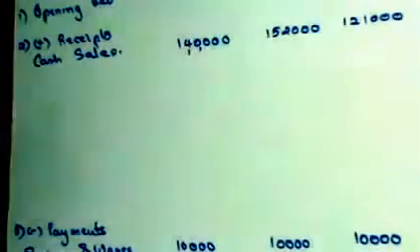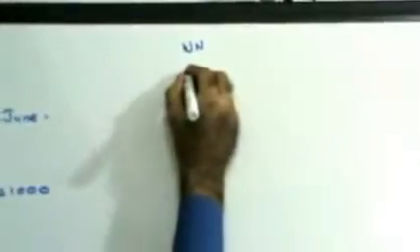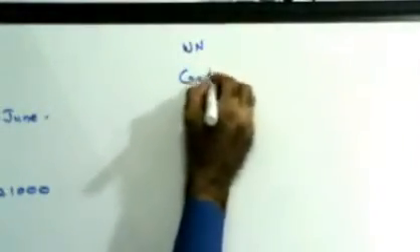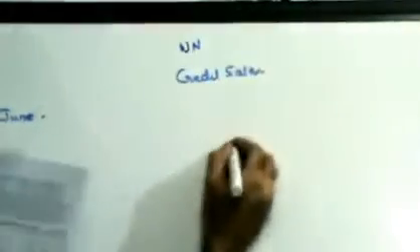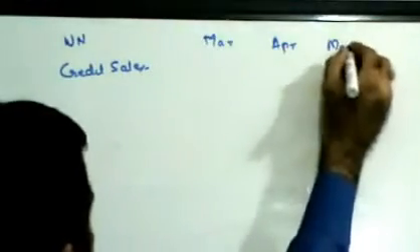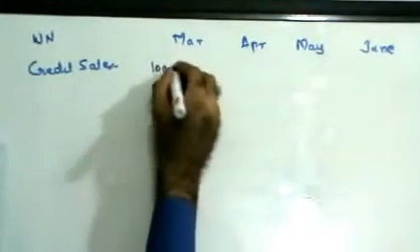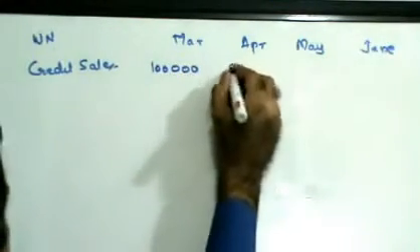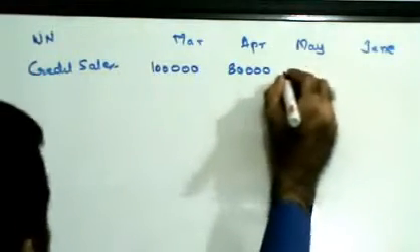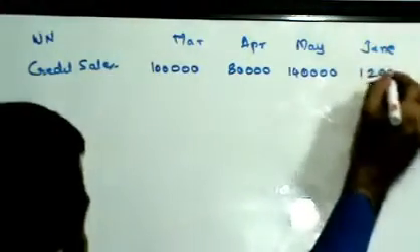Right? Next, credit sales are collected 50% in the month in which sales is made and 50% in the month following the collection. Let's see working note. Credit sales. They give you data for March, April, May and June. Credit sales is 1,80,000 and then 1,40,000 and June is 1,20,000.